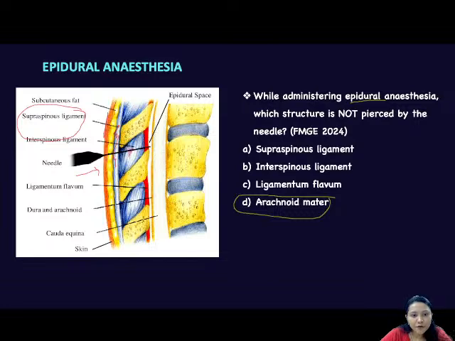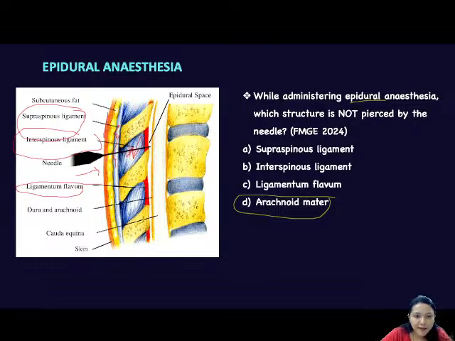After that, it will pierce another ligament, the interspinous ligament. And then this reddish structure, the ligamentum flavum. Ultimately, it is going to reach this space, the epidural space, and then this is the dura mater. So it is outside the dura mater, it is not going to pierce the arachnoid mater.